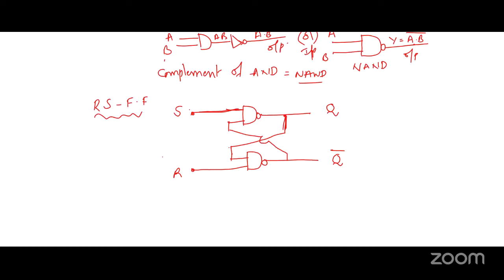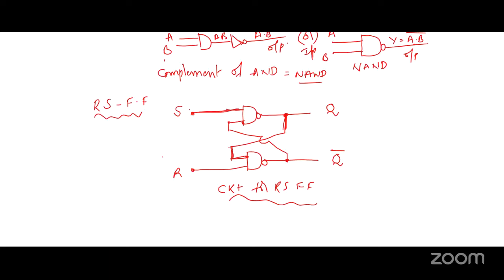Like this, you have to connect. This is the circuit diagram for RS flip flop. Practice it. That means what you are getting here, the output of the first NAND gate is connected to the input for the second NAND gate, and the second NAND gate output is fed to one of the inputs for the first one. Getting my point?